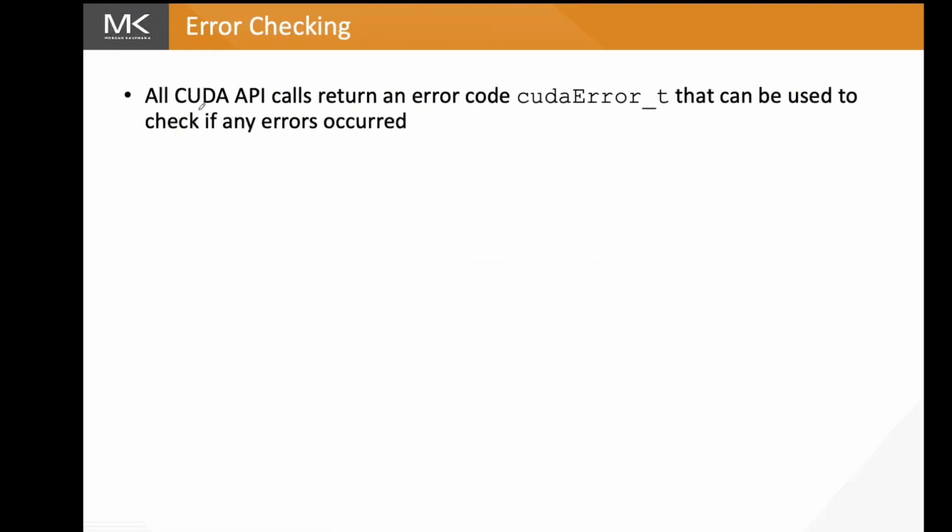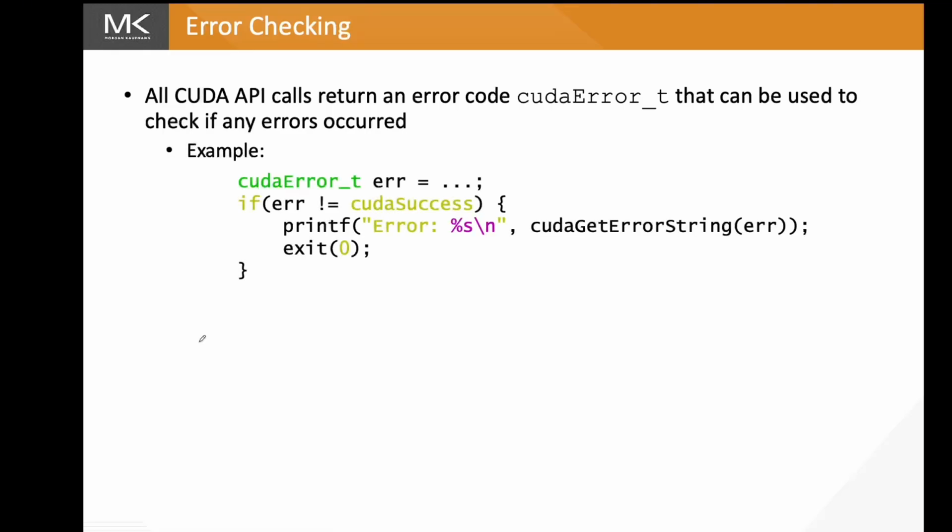All right. The next thing is how to check errors. So I also mentioned this previously, but it's quite simple and similar to how you check errors in C. So for any CUDA function call, you get an error type called cudaError_t, and then based on this error type, you can see what kind of error it is, for example, memory allocation error, CUDA device error, device synchronize error, and so on.